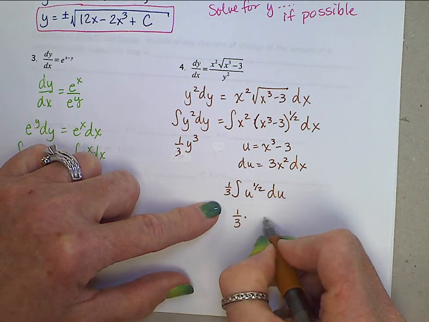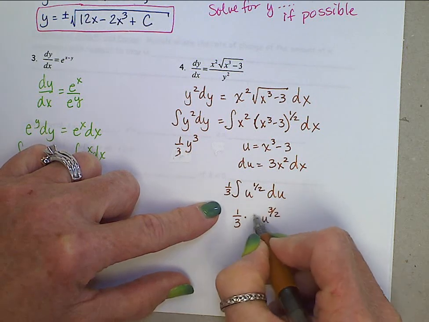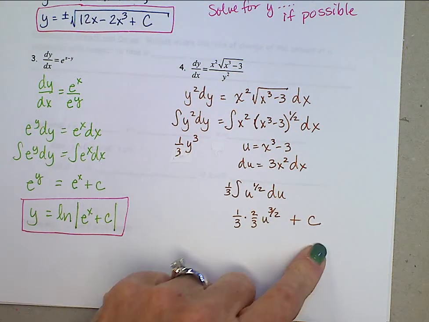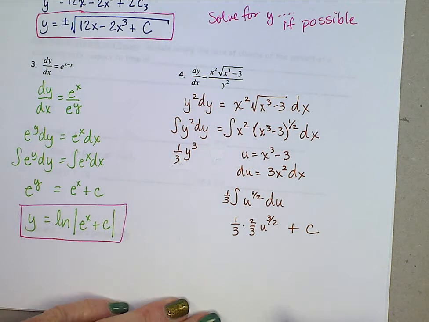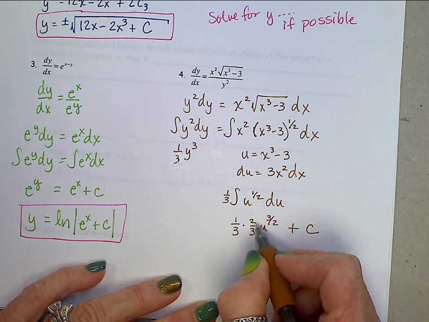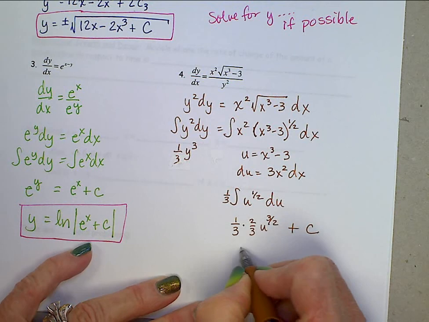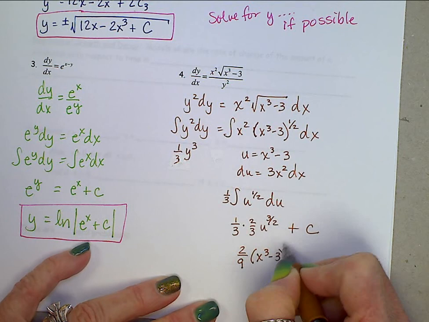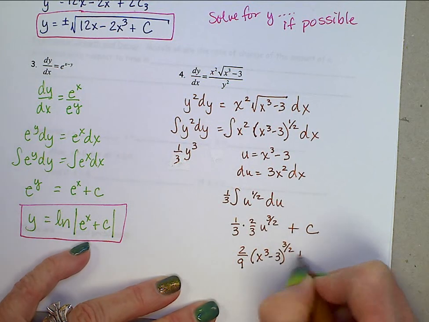We'll have u to the 3/2 and a 2/3 out here. There's your plus c. Let's replace back this u at the same time that we multiply these two fractions, and we'll have 2/9 of x cubed minus 3 to the 3/2 plus a c.